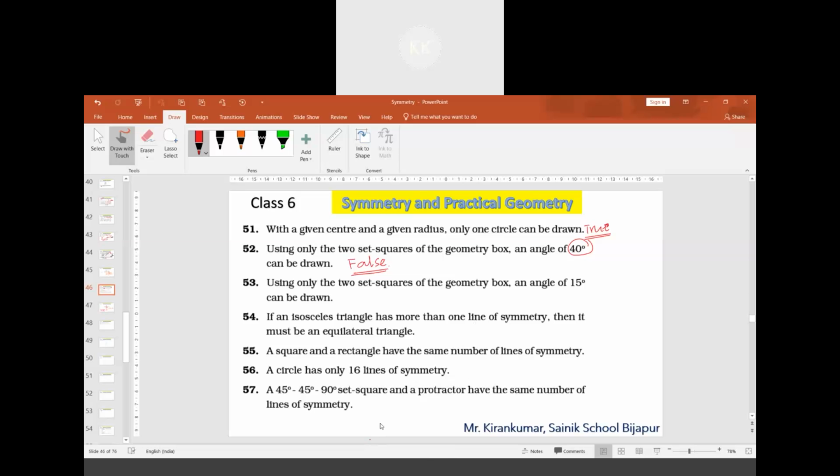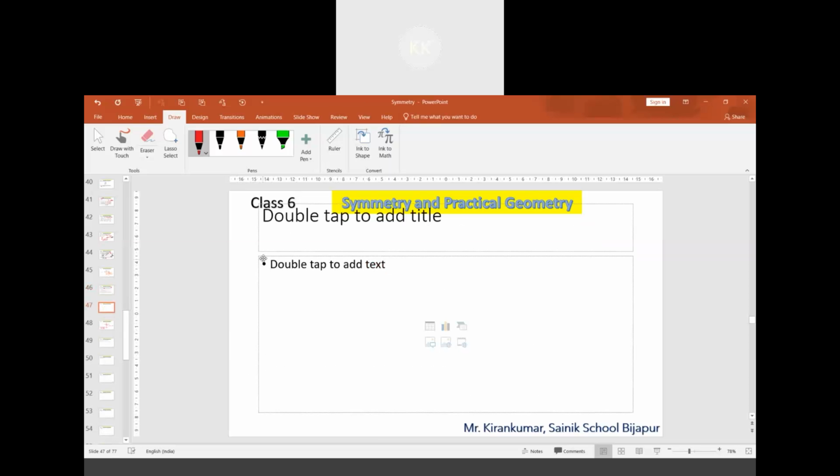No. Let me explain it. Wait. You know the set square which is having 45 degree and 90 degree.